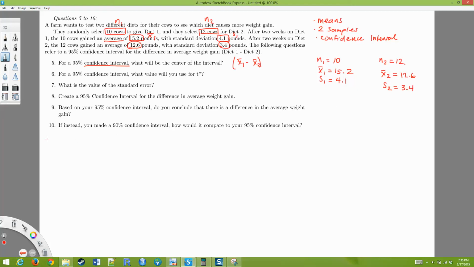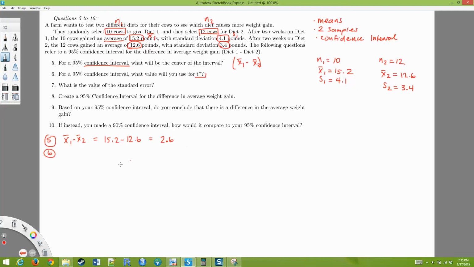So number 5, we do x bar 1 minus x bar 2, which gives me 15.2 minus 12.6. The center of my interval is going to be 2.6. For a 95% confidence interval, number 6, what value will you use for T star?